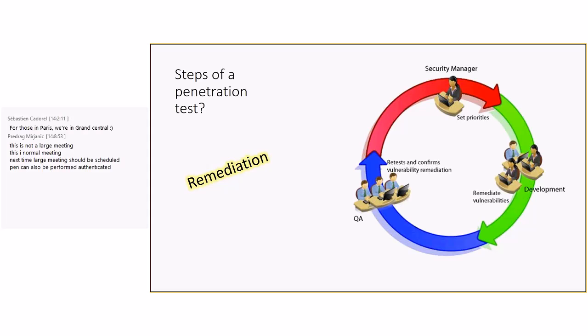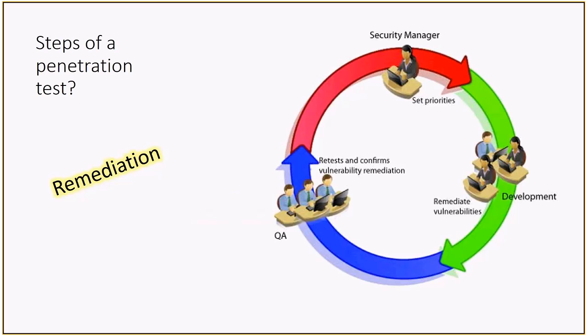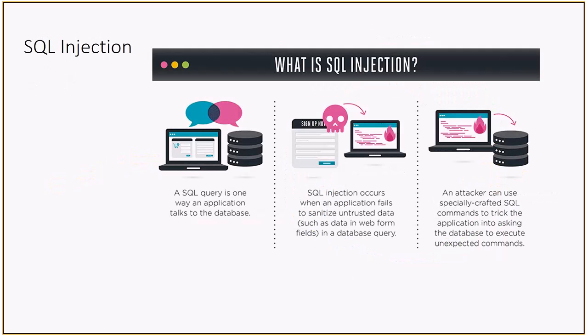So one of the well-known techniques to exploit vulnerabilities is SQL injection. What is SQL injection? Well, as you know, an SQL query is one of the ways in which an application communicates with the database.